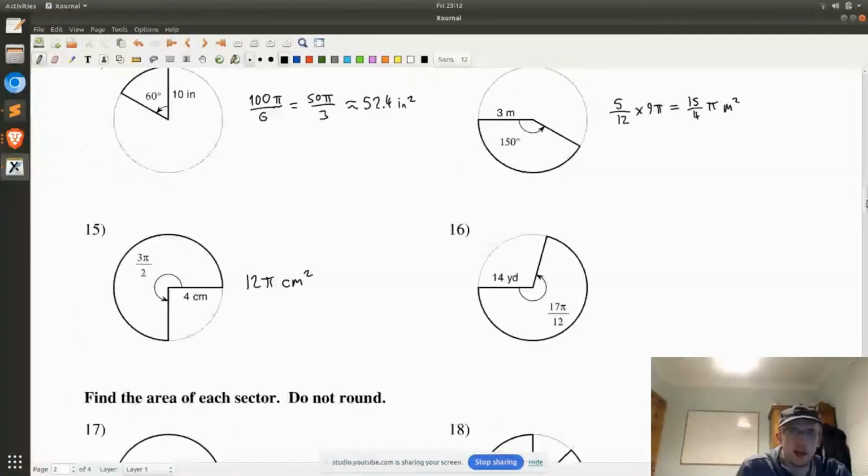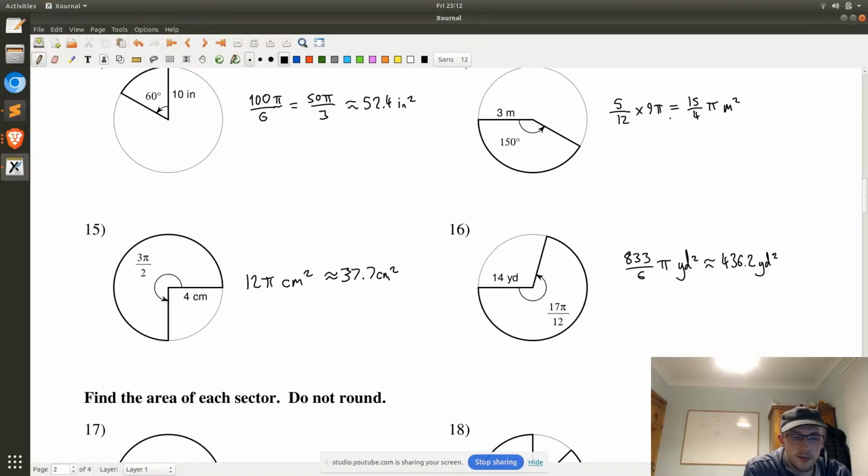Okay, wait. Fine. Square yards. 436.2 square yards. And over here we didn't get the 12 pi. 37.7. And over here we didn't get the 15 over 4 pi. It's 11.8.